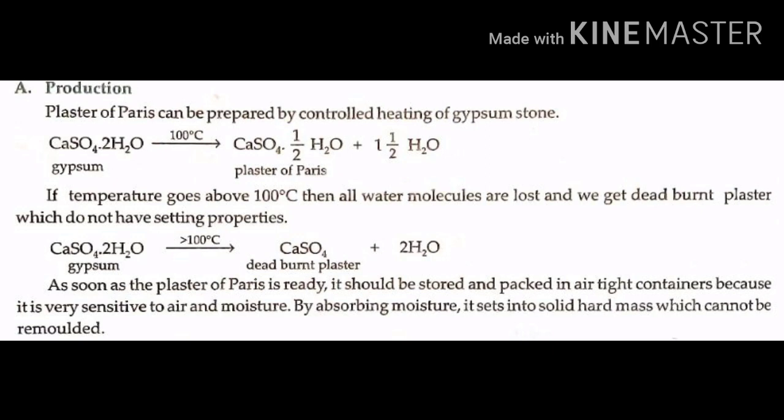If the temperature goes above 100 degrees Celsius, then all water molecules are lost and we get dead burned plaster, which does not have setting properties. CaSO4 2H2O on heating above 100 degrees Celsius gives CaSO4 plus 2H2O.